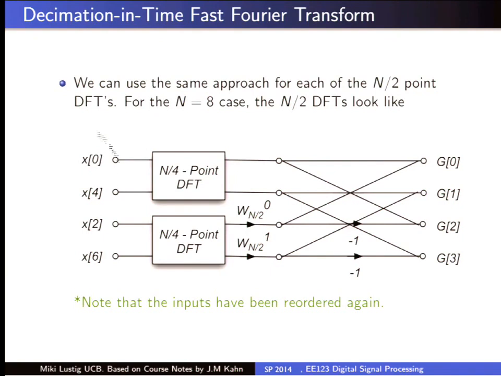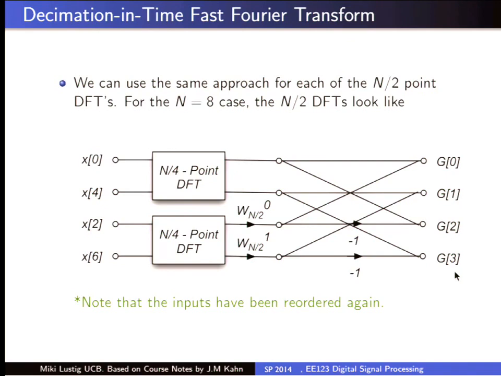The evens of the evens, and then do an n over 4 point DFT. And then we take the odds of the evens, and do an n over 4 point DFT. That gives us G0, G1, G2, and G3. We had to reorder things accordingly. And then we can get the H's in the same way.